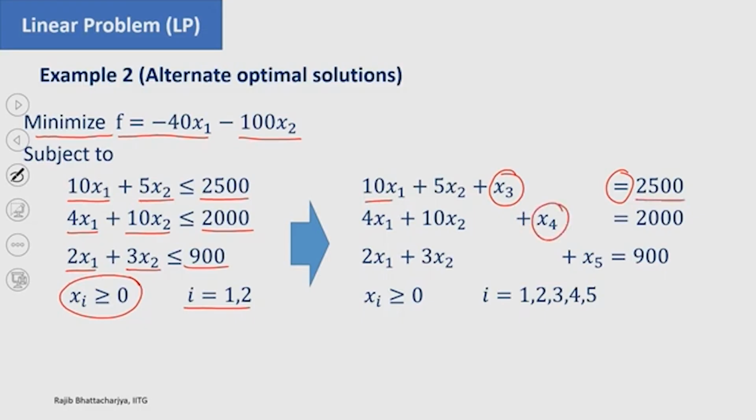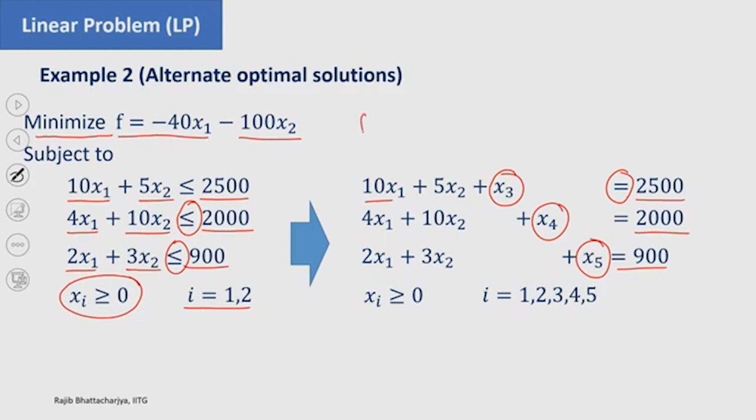Then in the second equation also, as it is of less than or equal to type, I have to put another slack variable, x 4, and now it is equal to 2000. And the third one, again it is of less than or equal to type, so I have to put another slack variable to make it equal to 900. So, now this is in standard form.